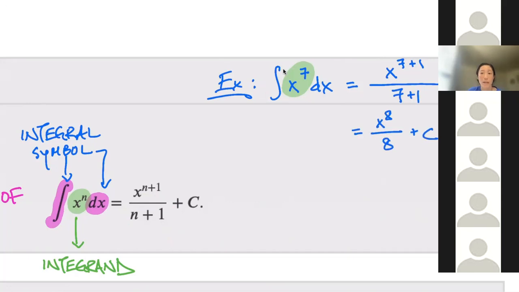That's one way to write our answer. Another way might be 1/8 times x to the 8 plus c. I just wanted to take the moment to write both forms because I know that fractions can be really scary for us sometimes, and we might forget that something like x to the 8th over 8 is the same thing as saying x to the 8th times 1/8. I just wanted to put that in there to remind us.